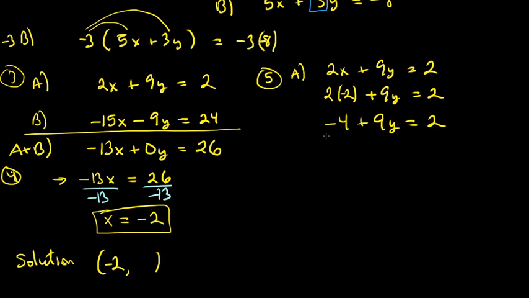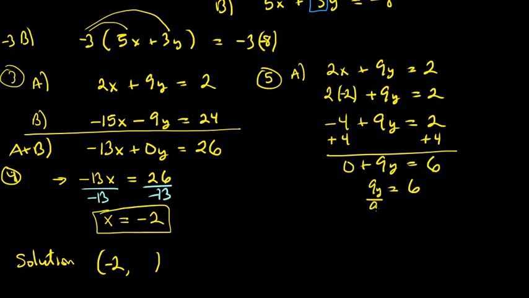So to solve for y, we want to add the 4 to both sides. So let's add 4 to both sides. And we get negative 4 plus 4 is 0, plus 9y is equal to 2 plus 4, which is 6. And if 9 times y equals 6, now we divide both sides by 9, and we get that y is 6 over 9.